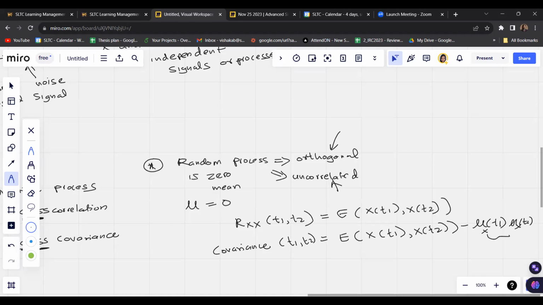If the means are 0, this part is 0, which means the autocorrelation function is equal to the covariance function. So these two expressions are equal in the case where the mean value of the random process is 0.